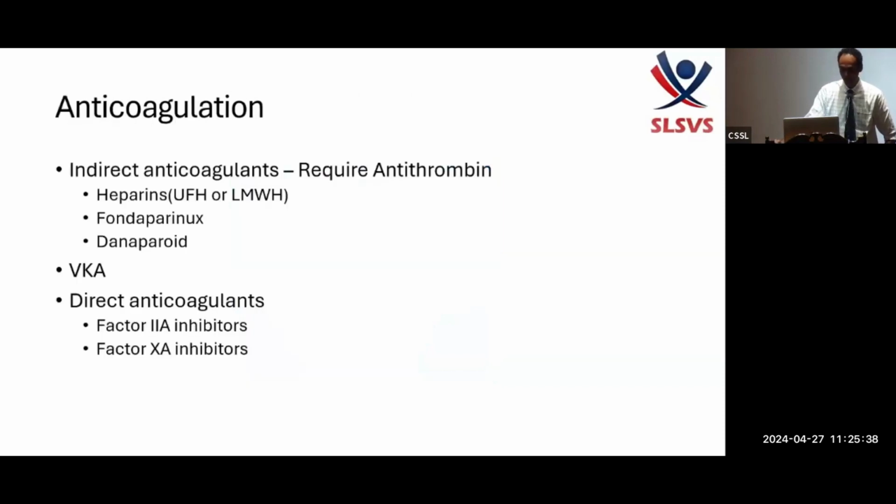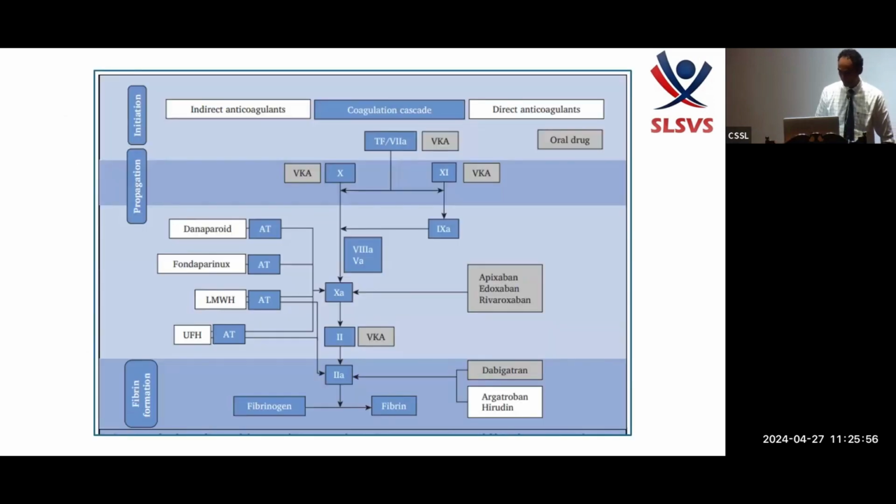As said, we got indirect anticoagulants, direct anticoagulants like DOACs, and vitamin K antagonists. Indirect anticoagulants are the things that you all know, the heparins, fondaparinux, danaparoid, all require antithrombin as the cofactor for anticoagulation. You can see this cascade here.